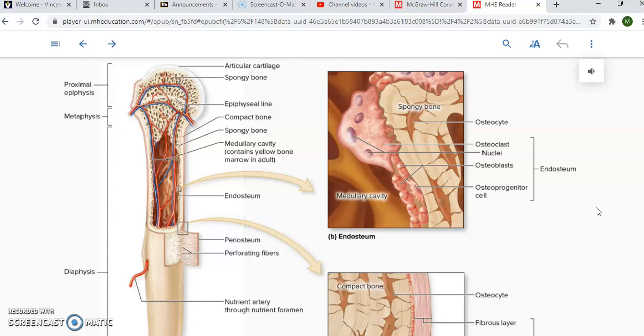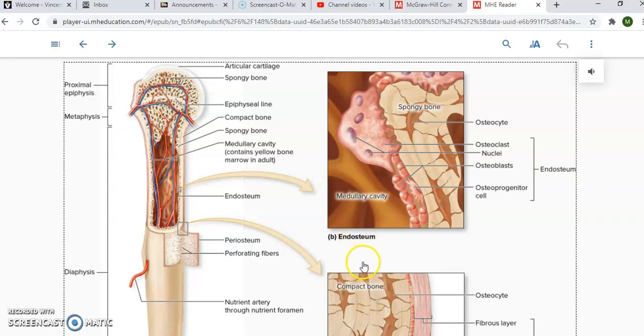It doesn't have bone tissue in there, but there is tissue that we'll talk about that's located in that space. But it's that middle part of our diaphysis, that open area that runs down the middle. So we'll talk more about that structure.